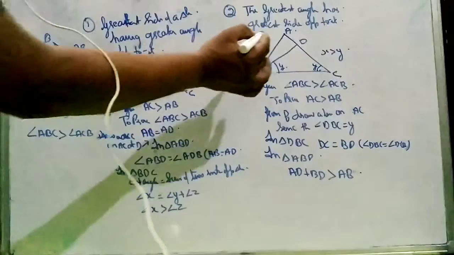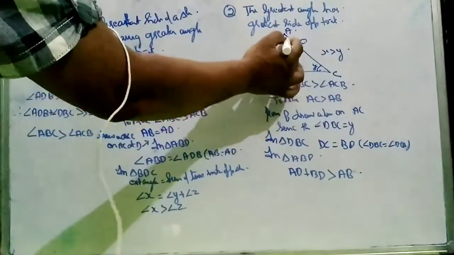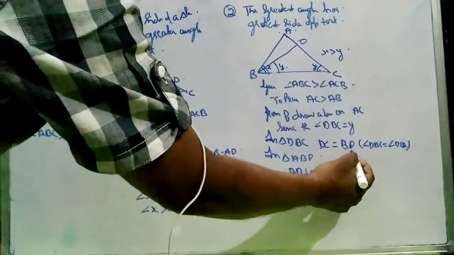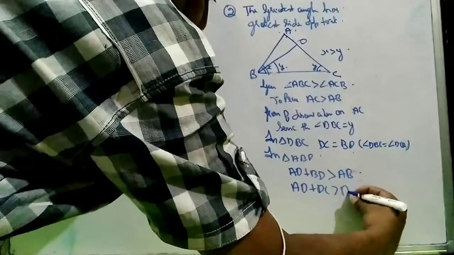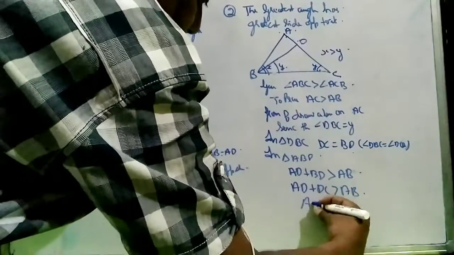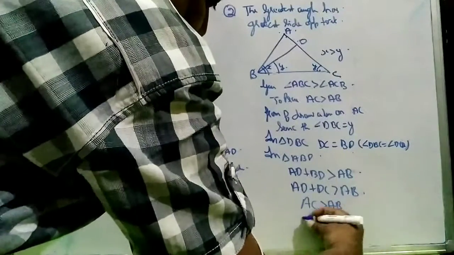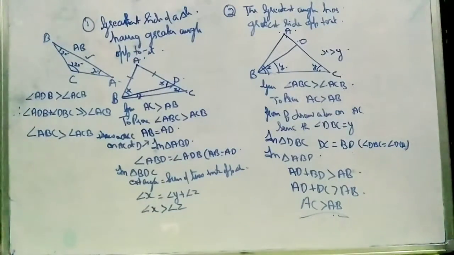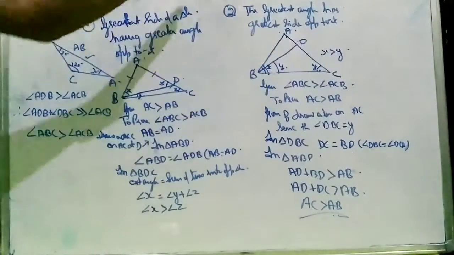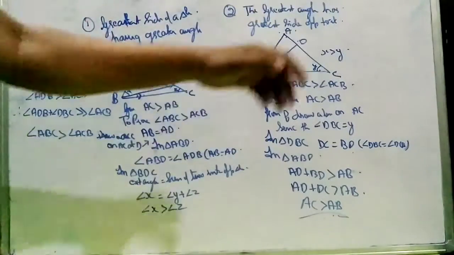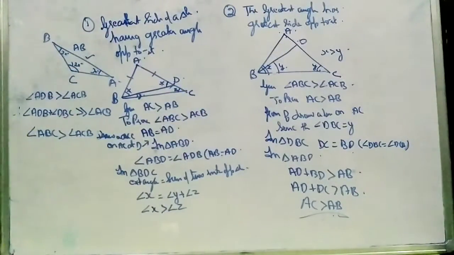In which triangle have we taken this? ABD, the sum of two sides. As we know that BD is equal to DC, AD plus DC is greater than AB. Therefore we can say AC is greater than AB. So we have proved just now that in a triangle, whatever the greatest angle is, the side opposite to it is always greatest.